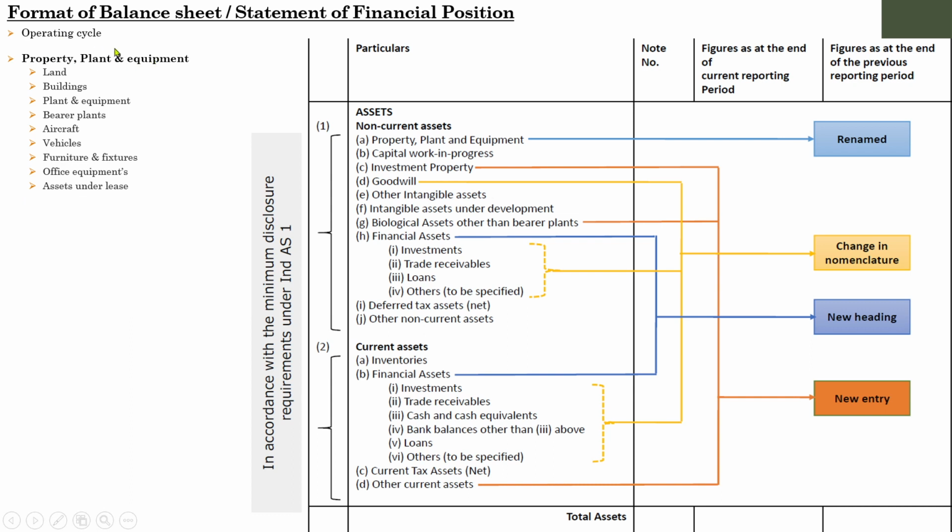So in simple terms, property, plant and equipment consist of fixed assets. That is for your convenience only. In the format it is shown under non-current assets as property, plant and equipment. So familiarize yourself with these items. You have to write these items in the same pattern prescribed here.